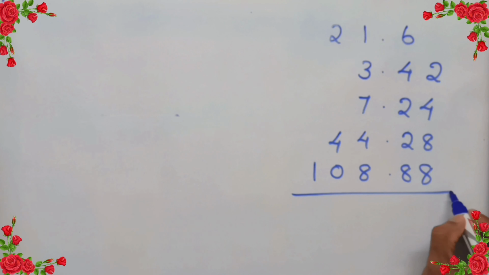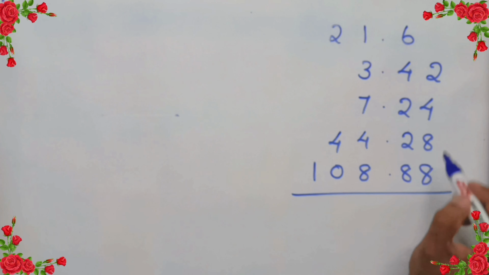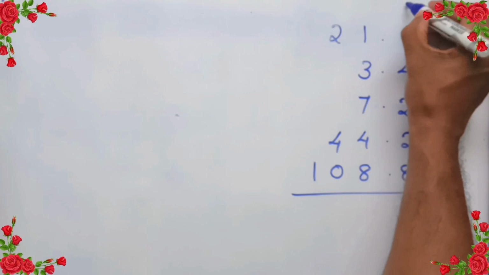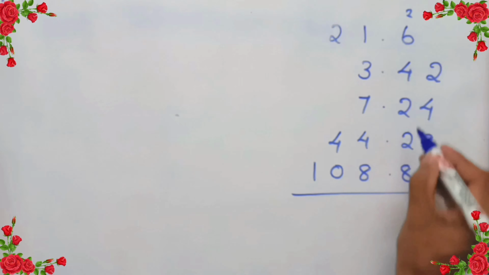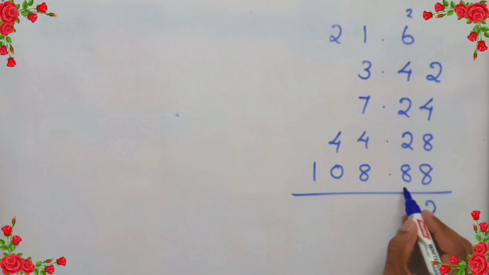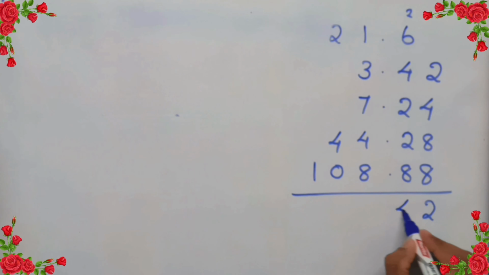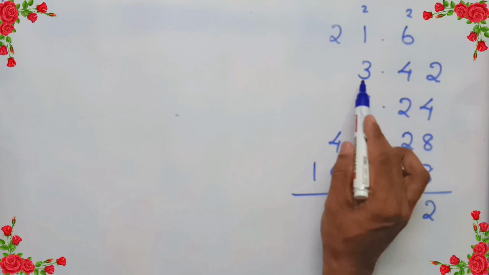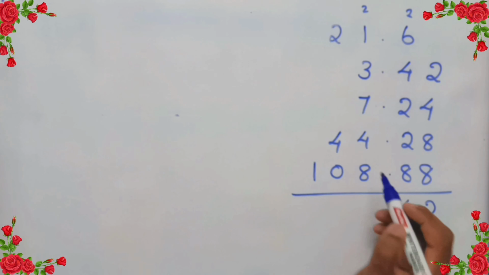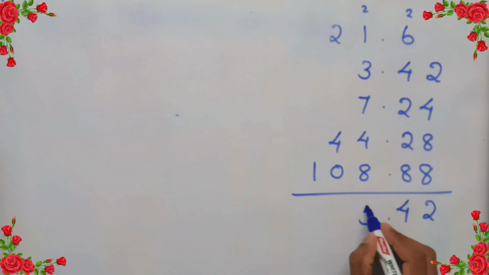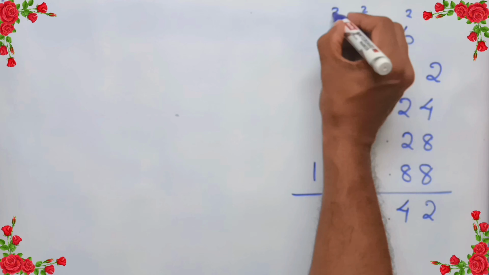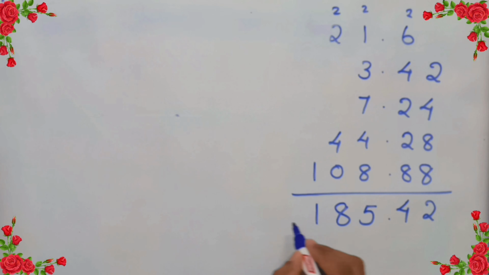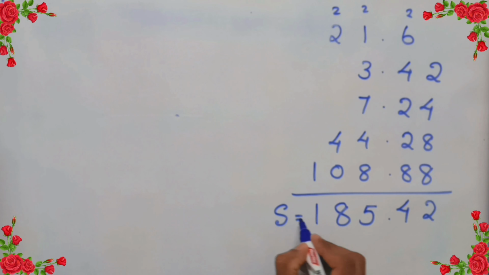Eight plus 8, 16, 16 plus 4, 20, 20 plus 2, 22, write 2 and keep 2 remainder. 8 plus 2, 10, 10 plus 2, 12, 12 plus 4, 16, 16 plus 6, 22, 22 plus 2, 24, write 4 and keep 2 remainder. 2 plus 1, 3, 3 plus 3, 6, 6 plus 7, 13, 13 plus 4, 17, 17 plus 8, 25, write 5 and keep 2 remainder. 2 plus 2, 4, 4 plus 4, 8 and drop down 1.